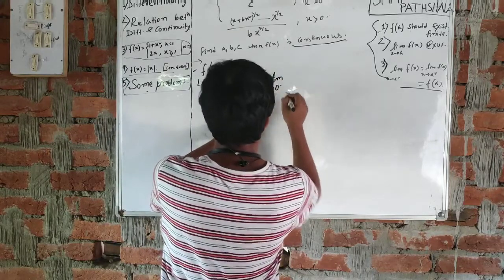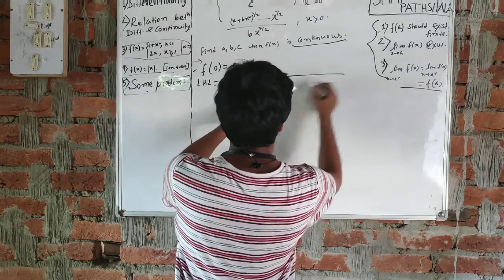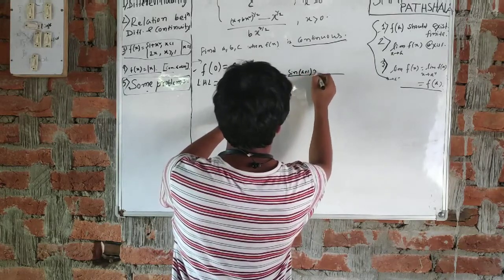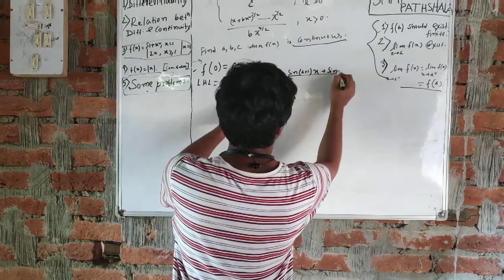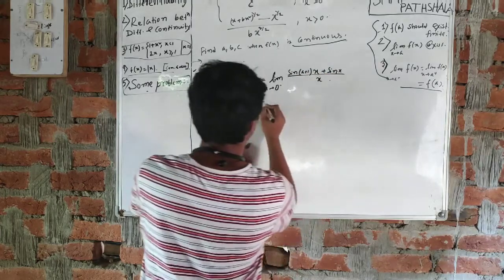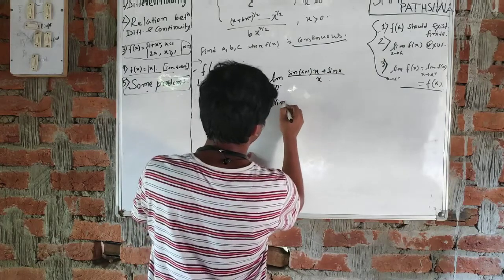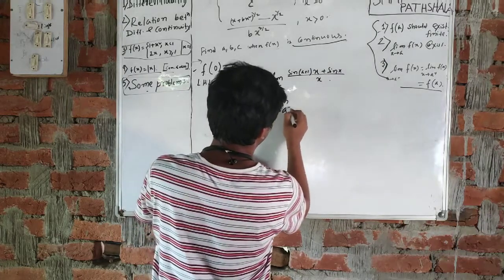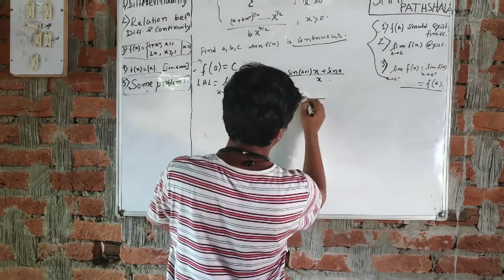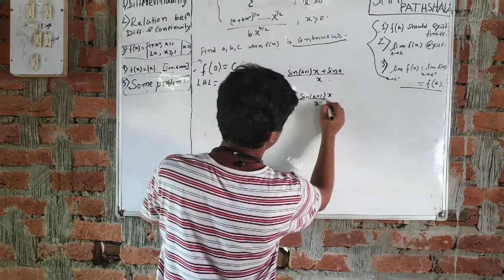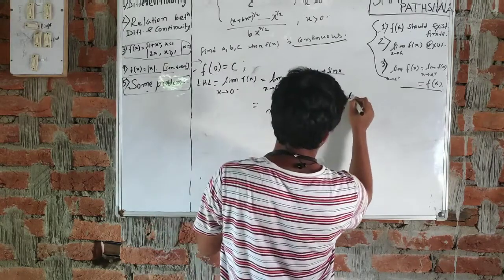limit x tends to 0 minus, and sine of (a plus 1) into x plus sine x, by x. So we can write this equation as sine of (a plus 1) x by x plus sine x by x.